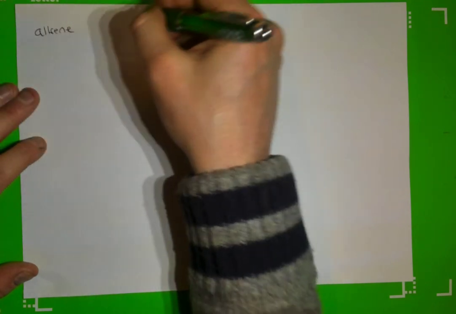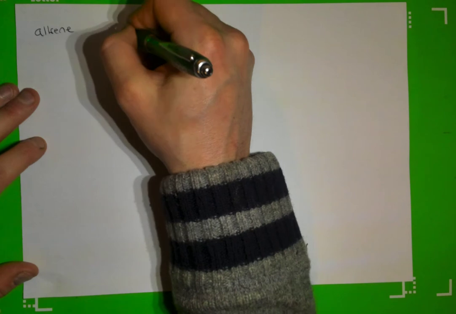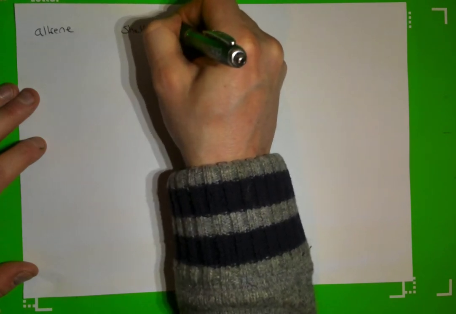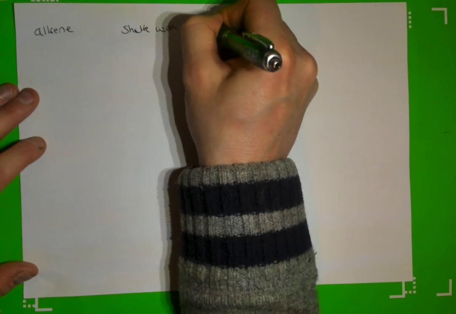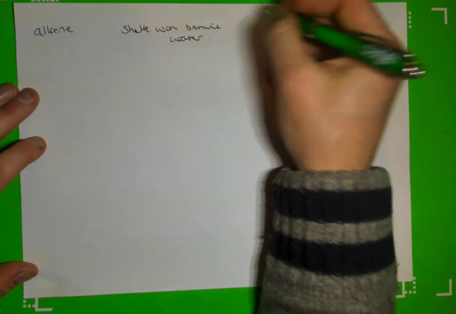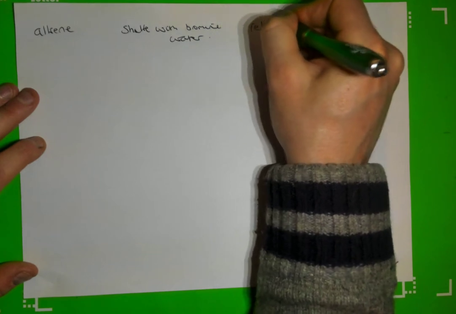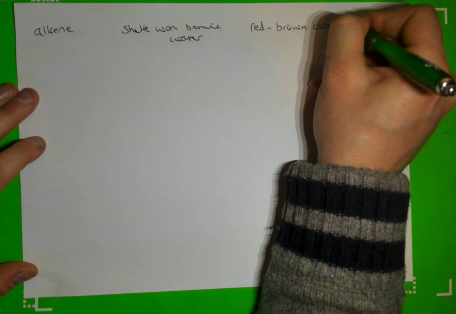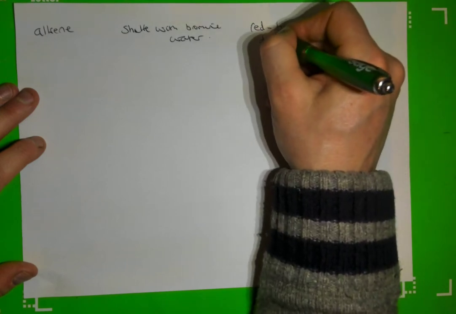For an alkene, the test is to shake with bromine water and the red-brown colour of bromine water will disappear. It will go colourless.